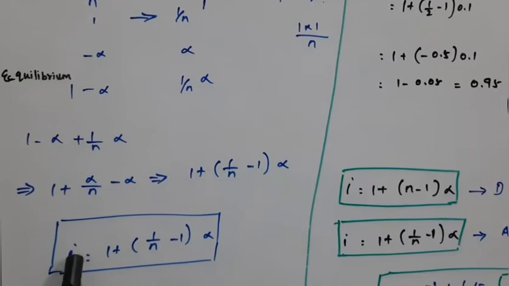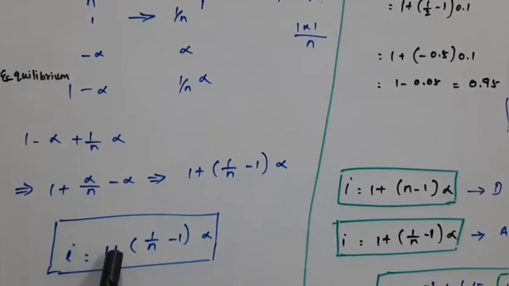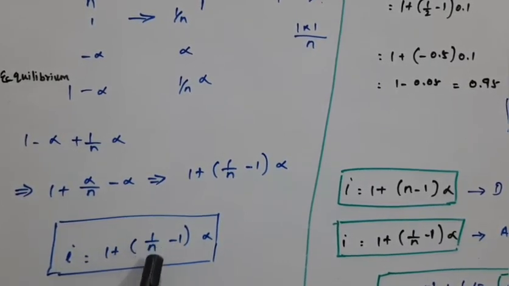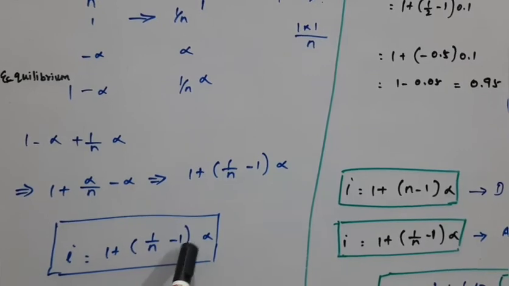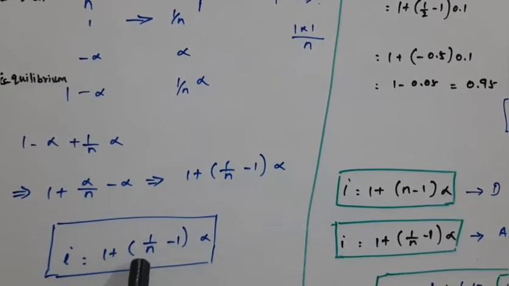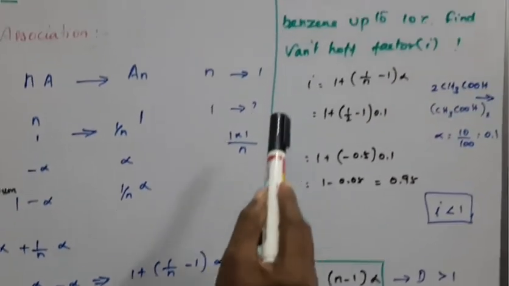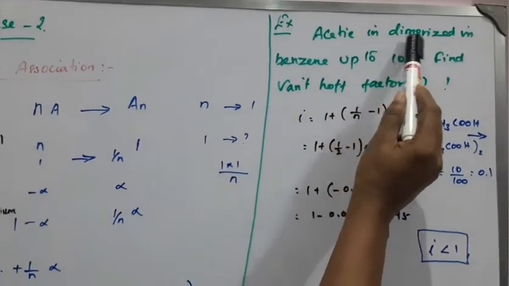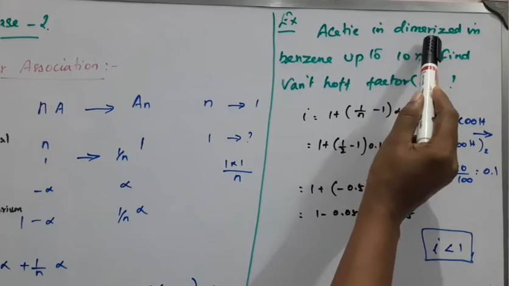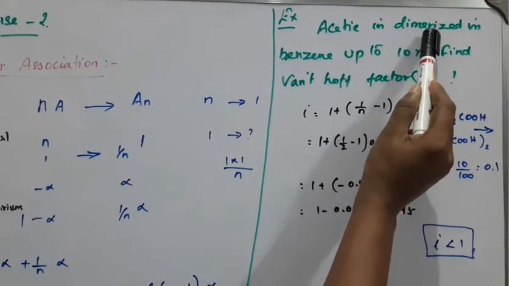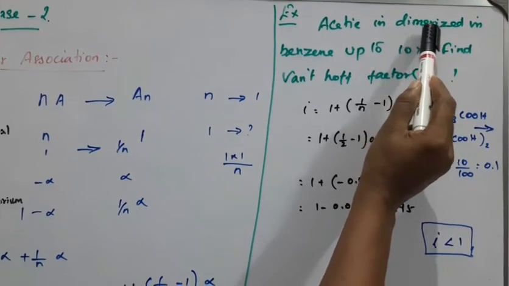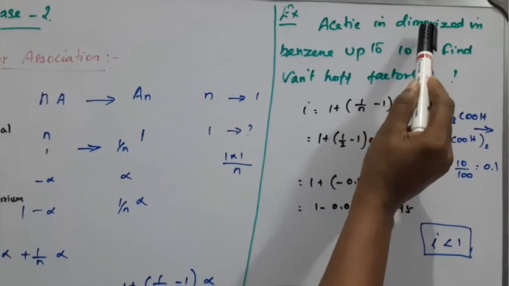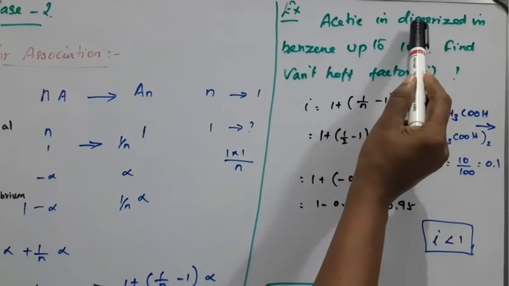So for association, i equal to 1 plus (1 by n minus 1) into alpha. This is for association. For example, based on this concept, acetic acid is dimerized. Dimerized means the n value becomes 2. Okay, trimerized, tri means the n value becomes 3, tetra, the n value becomes 4.